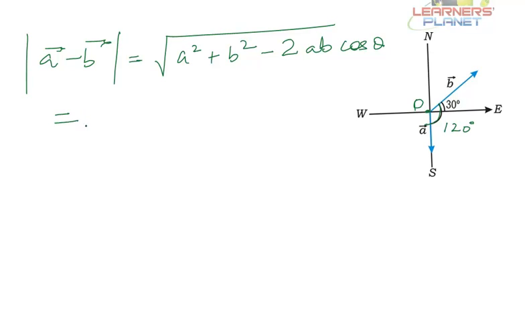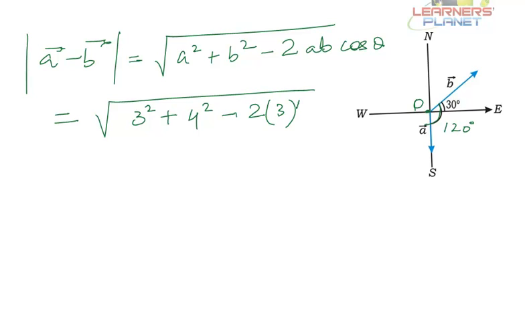What is the value of A? The magnitude is 3. What is B? It is 4. Then 2 into 3 into 4 into cos of 120 degree.